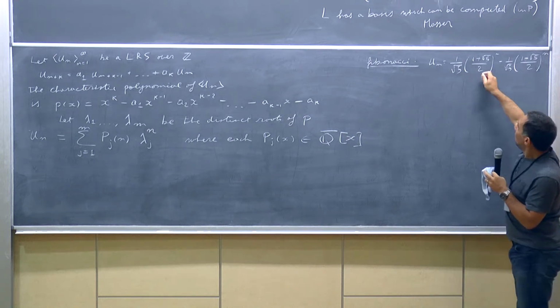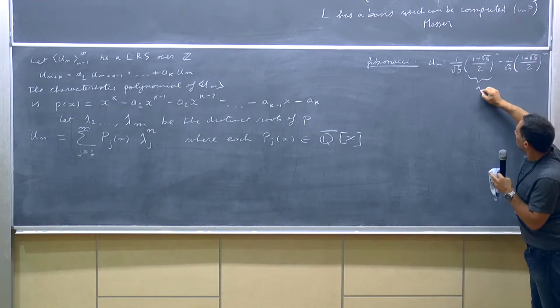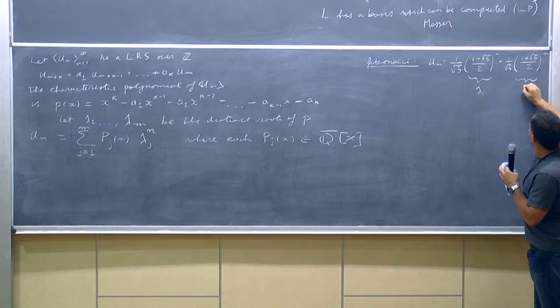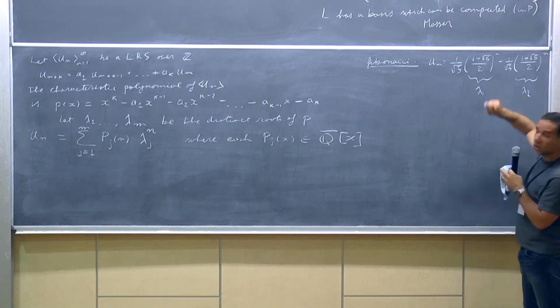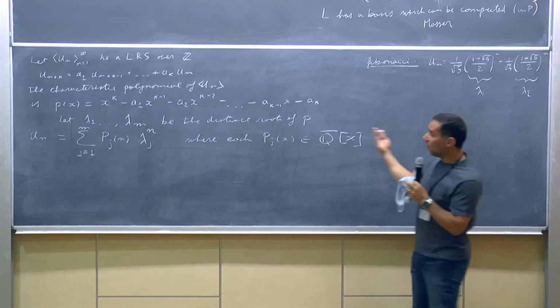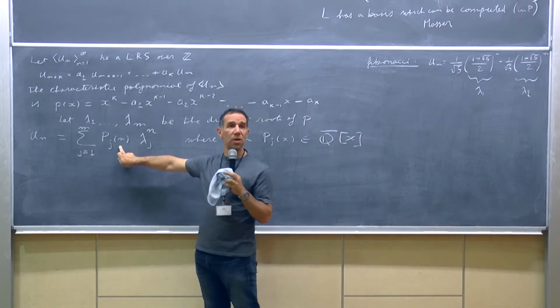So here, the eigenvalues, that's the lambda 1, that's the lambda 2, both real. And these constants, 1 over root 5 and minus 1 over root 5, they're actually the polynomials.